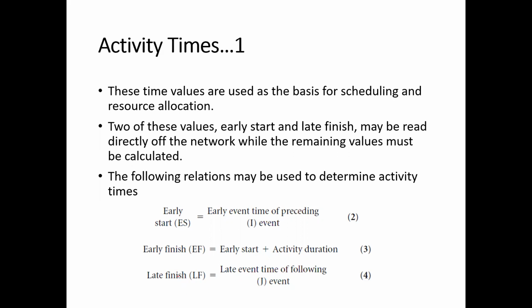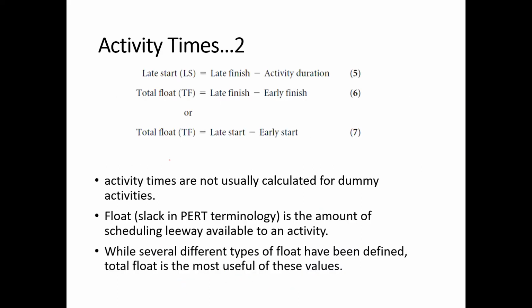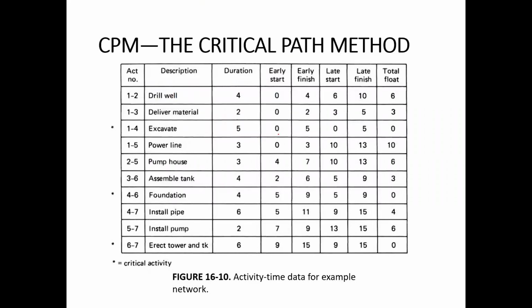Then the latest start time is the latest finish minus the activity duration. Then we can calculate the total float, which is equal to the latest finish minus the earliest finish, or in another way, the latest start minus the earliest start. And this can be represented in the form of a table.